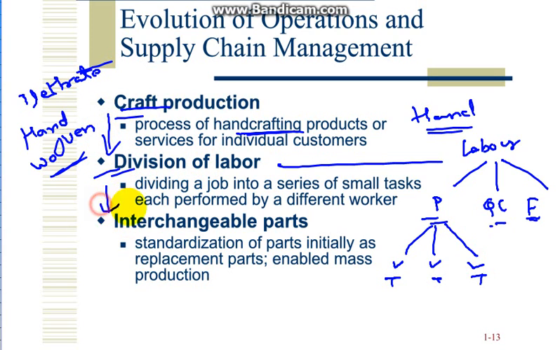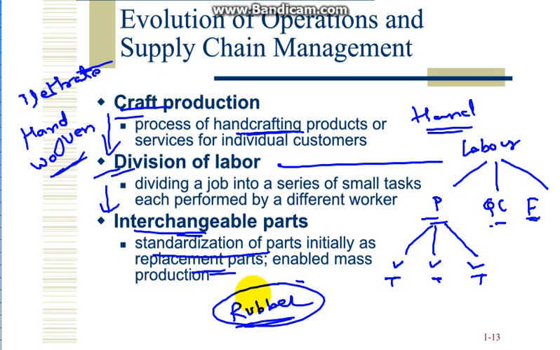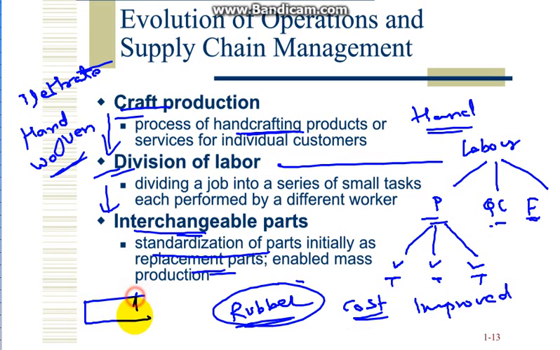And after that, interchangeability of the parts, standardization of the parts, and the replacement of the parts also came into consideration. For example, rubber was invented, and it replaced many kinds of products where other materials were used. It reduced the cost and also improved the life of the product. Whenever you assemble any kind of product, it consists of, say, iron, steel, or something else.